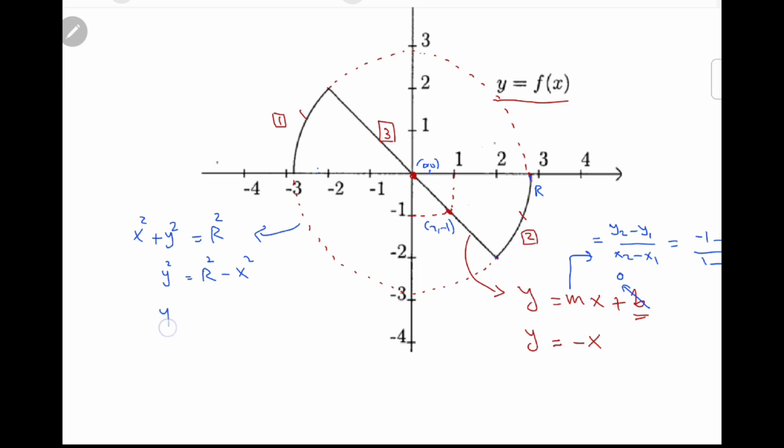Then if you take the square root on both sides, don't forget the plus minus, because it has two solutions: plus or minus the square root of r squared minus x squared. The positive solution corresponds to the one above the y-axis, and the one below the y-axis has the negative solution.